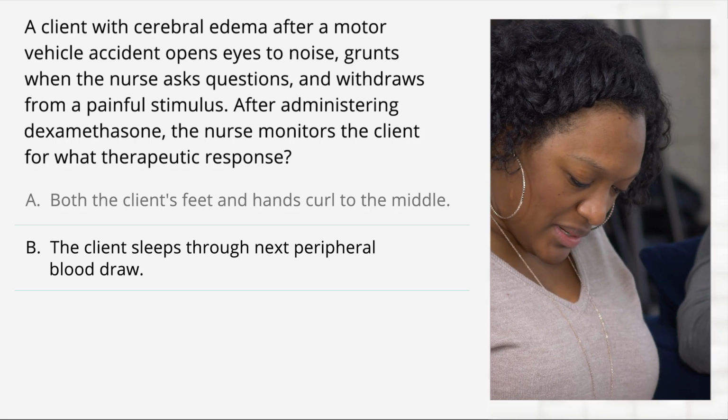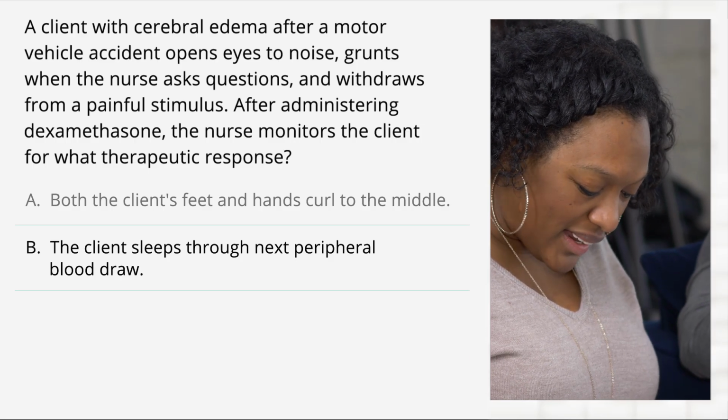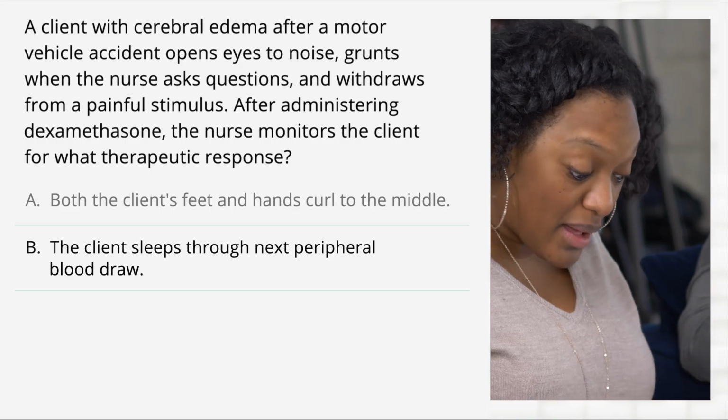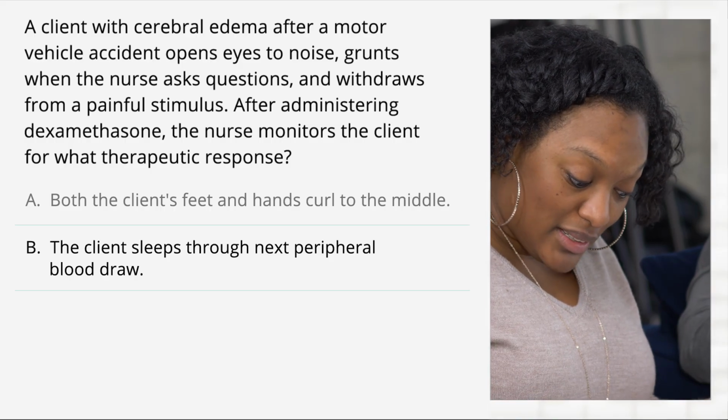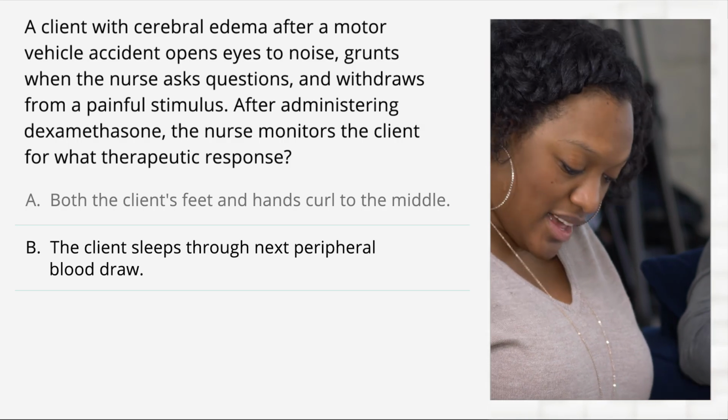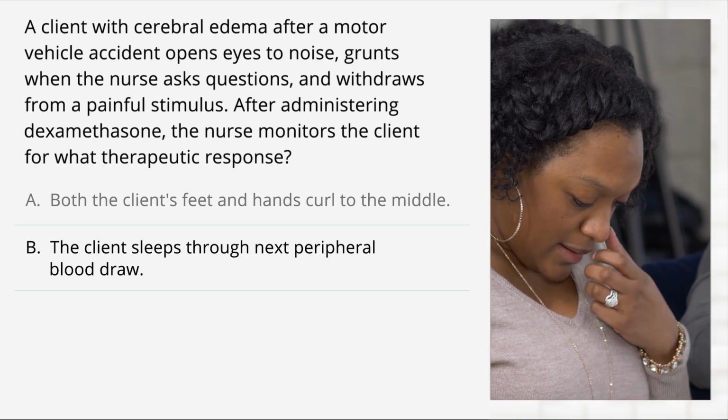That doesn't really tell me. I mean, I guess it could be therapeutic because maybe they're sleeping and not in pain, or maybe they're not sleeping and are becoming unresponsive. I don't know. So I'm just going to put that's not therapeutic in my opinion.